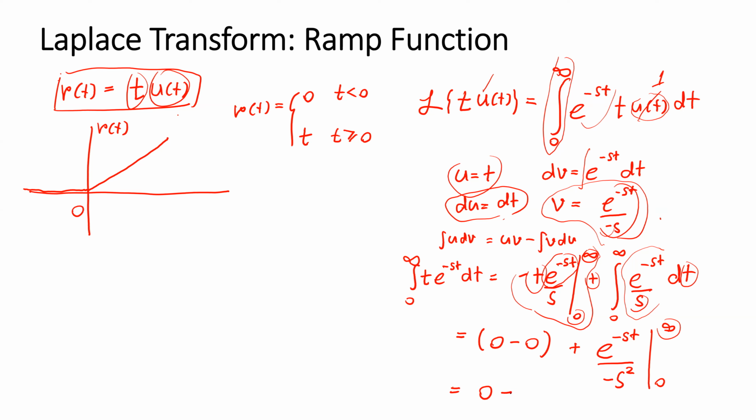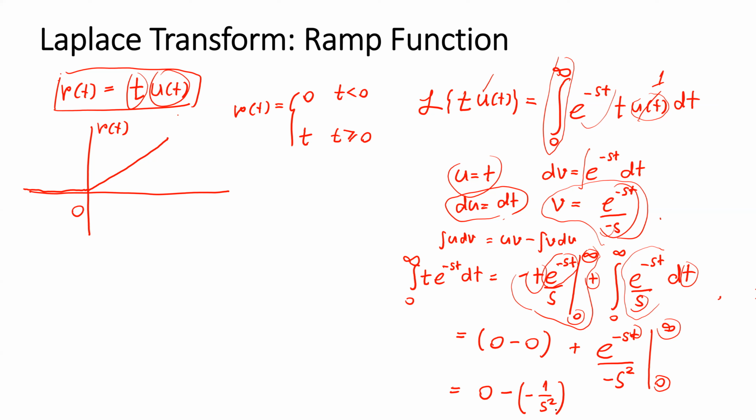And when t is equal to 0, it's going to be minus 1 per s squared, right?